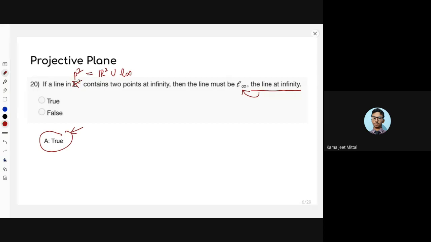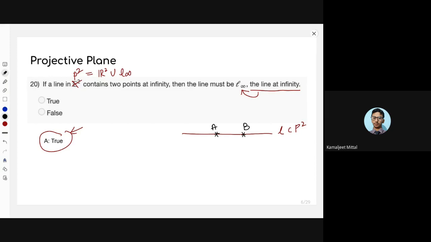So let us look at the hypothesis that we have in this question. A line in P2 contains 2 points at infinity. What do we mean by points at infinity?